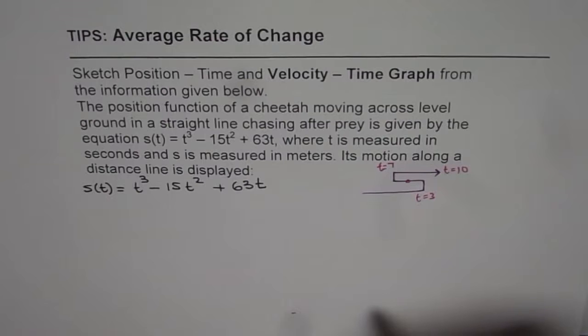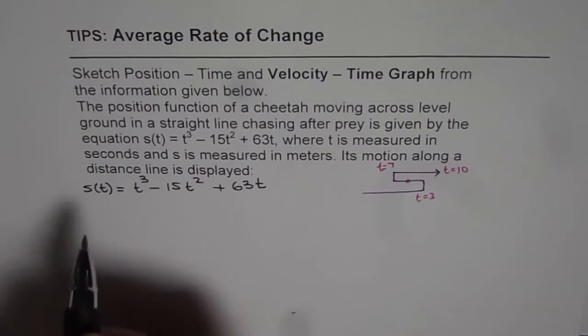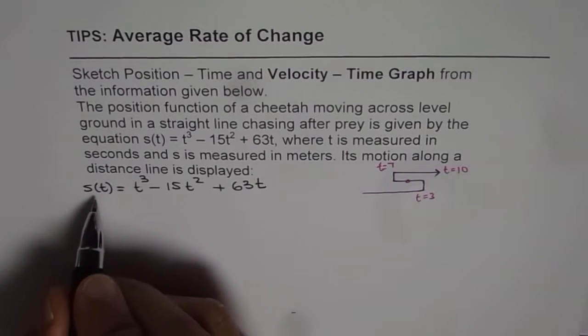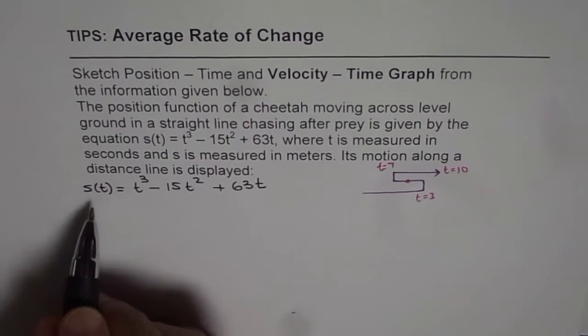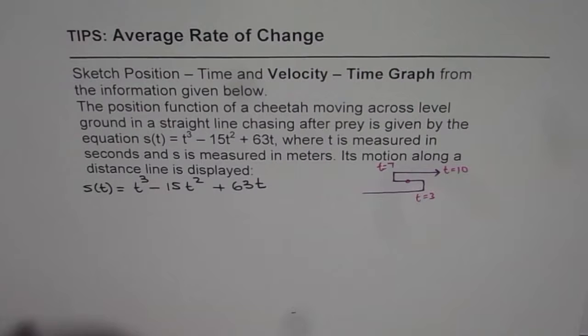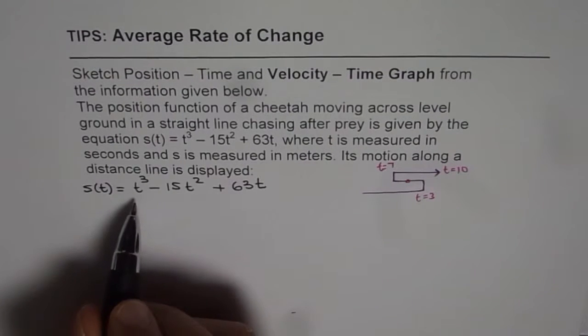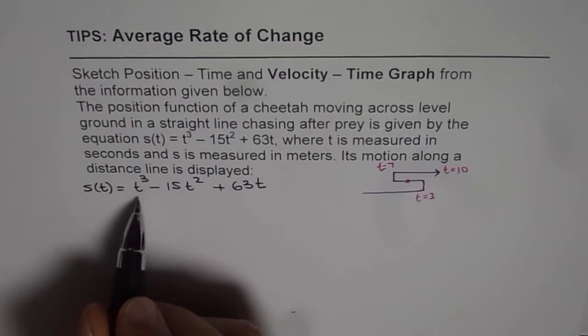Now we'll find the equation of velocity from the displacement equation, and that we can do by finding the rate of change, right? Instantaneous rate of change. So that's the key thing to work with now. To find the rate of change, we can apply the difference quotient method.